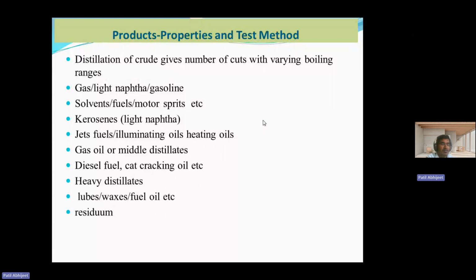This depends upon the oil obtained from atmospheric distillation or vacuum distillation. And the final product, which is unused, we call the residuum, which is remaining.